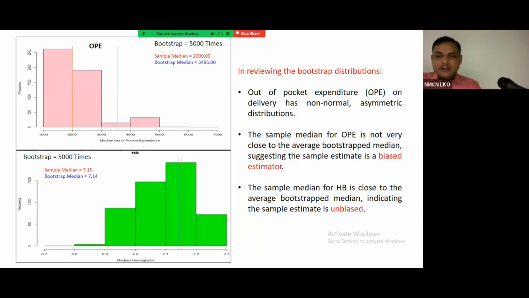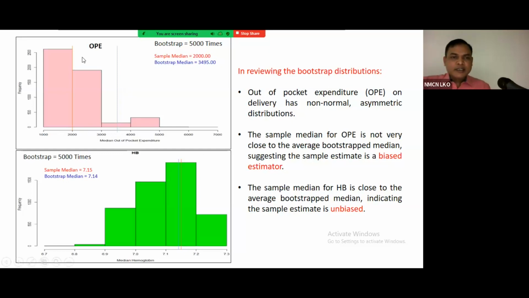And in the case of hemoglobin, the median is very close to the average bootstrap median, which suggests that it is an unbiased estimate.